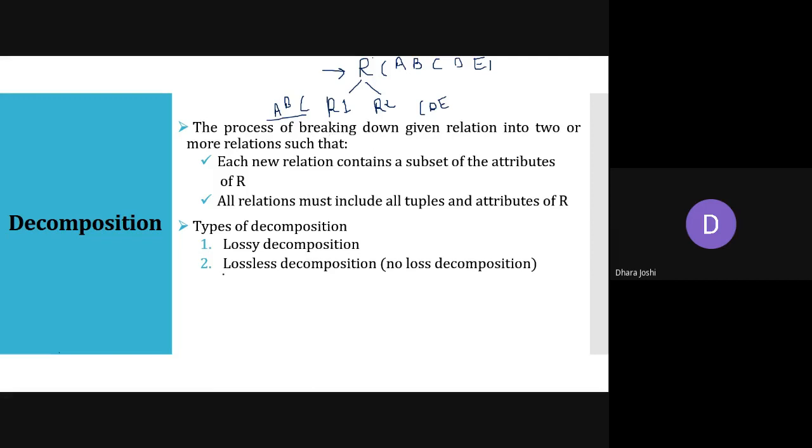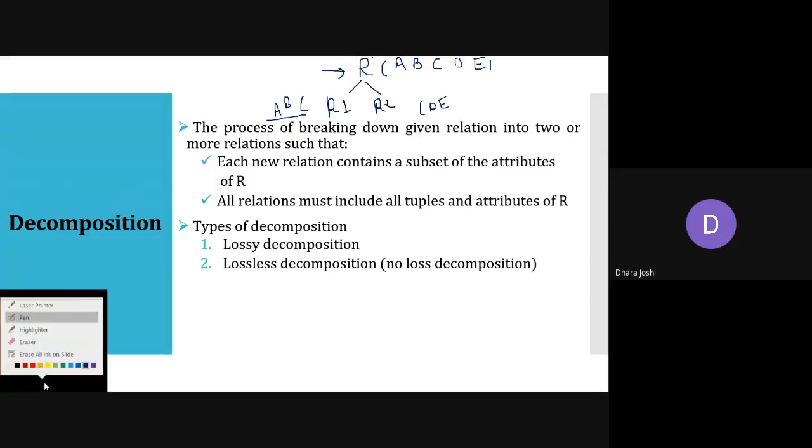And lossless decomposition means no loss in decomposition. If you do the decomposition in a good way, then important information will not be lost. So two types of decomposition are possible, lossy and lossless.